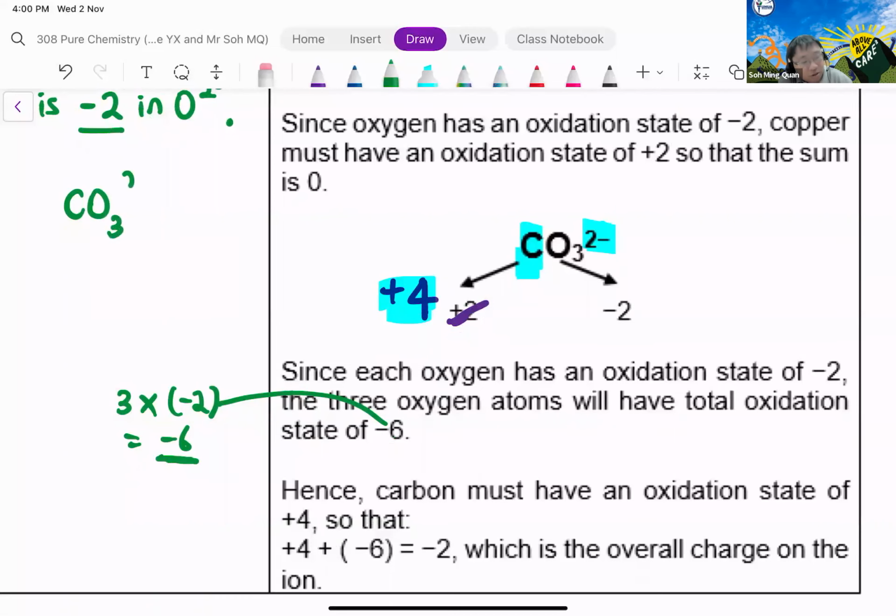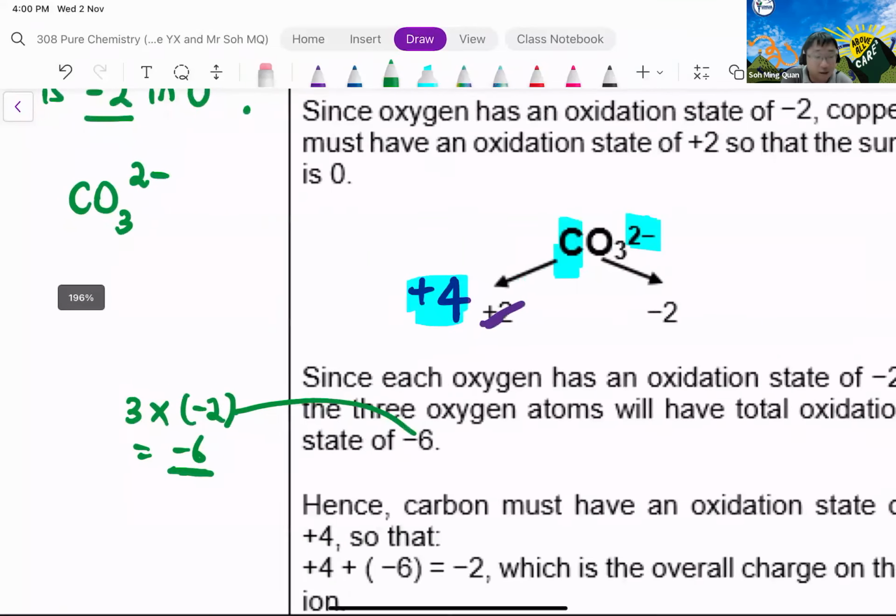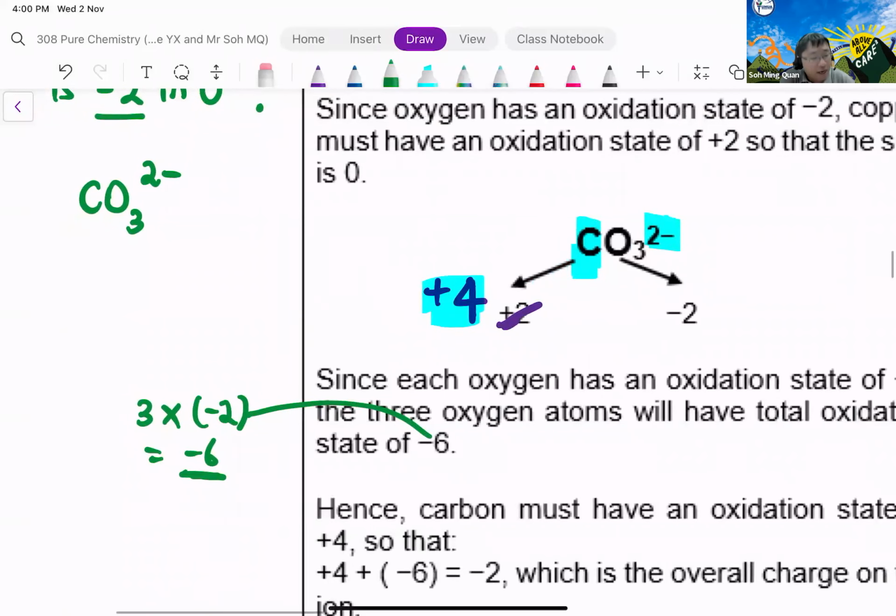Now, I would always teach my students to do this with some algebra. If you have something complicated like carbonate, always let the unknown, the one that you want to find, be X. So let's say I want to find carbon's oxidation state. I let carbon's oxidation state be X. And then oxygen is always -2.